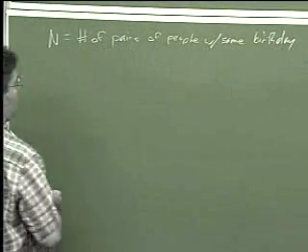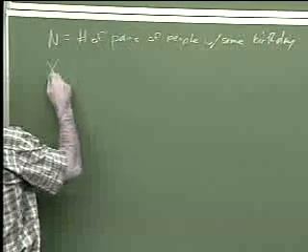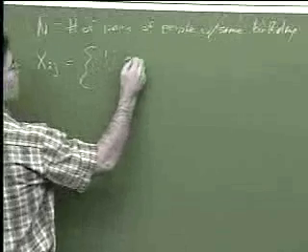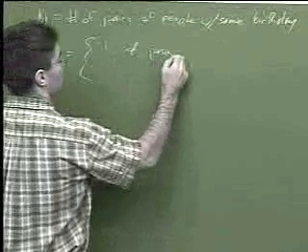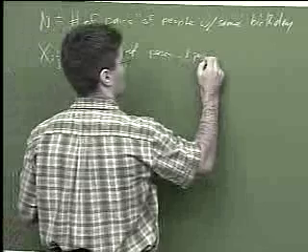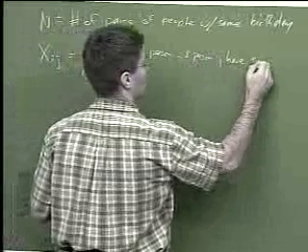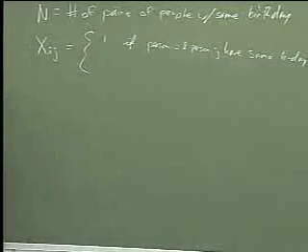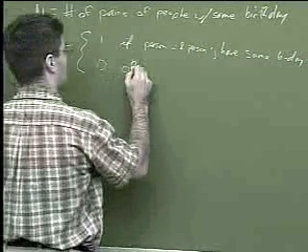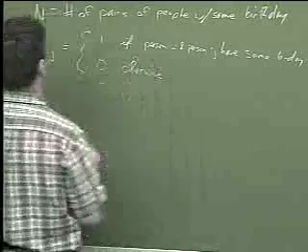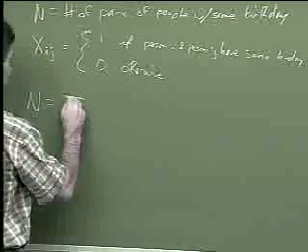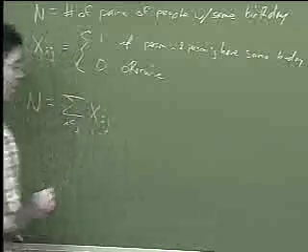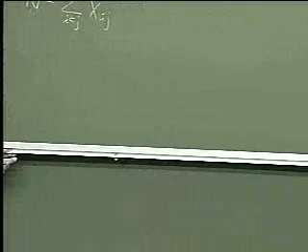If I let x_ij be an indicator random variable, which is 1 if person i and person j have the same birthday, and 0 otherwise, then this is true, right?